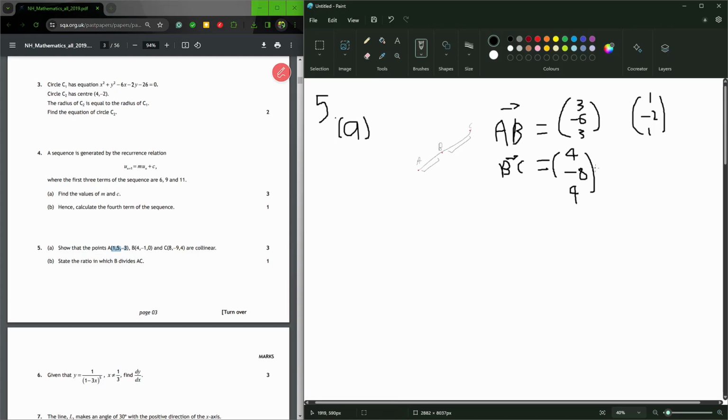Okay, so how can we show that? Well, there's a few different ways, but the one that I've got, looking at the marking scheme at the moment, is we want to connect these two directly. So AB, and we want to figure out how we can get it to equal BC. Well, we've already established that AB is 3 of that and BC is 4 of that.